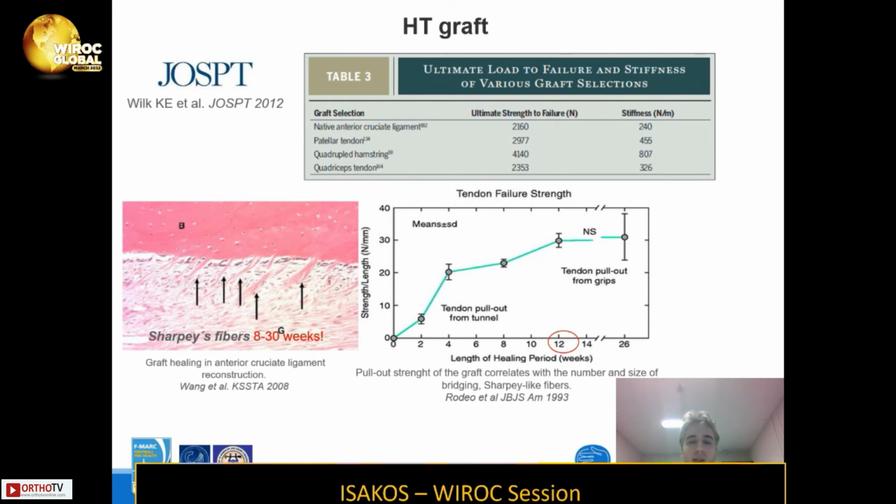So probably during the first 3 postoperative months, there is a higher likelihood of graft slippage in the hamstring tendon group compared with the bone patellar tendon bone group, where the healing occurs much faster.